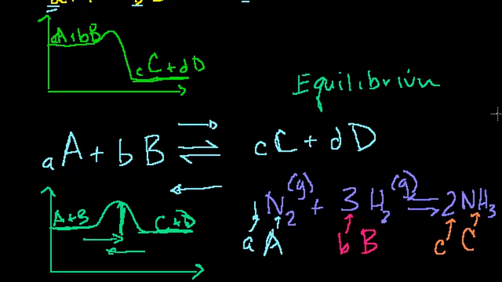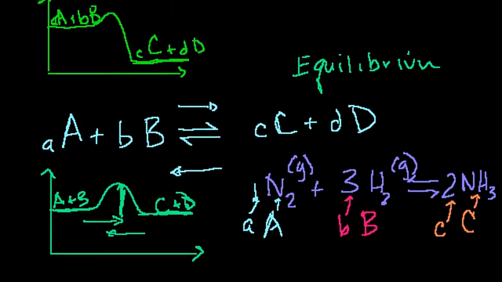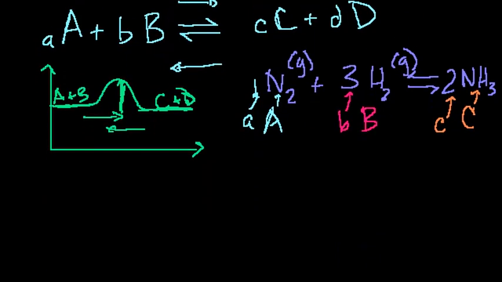Now, what's interesting in equilibrium reactions is that you can define a constant called the equilibrium constant. Let me switch colors. I'm using this light blue too much. The equilibrium constant is defined as you take the products, or the right-hand side.